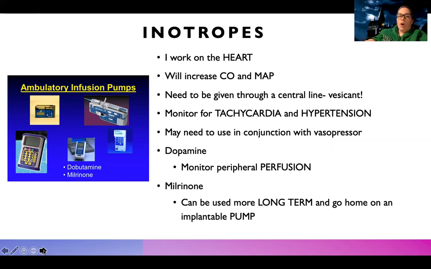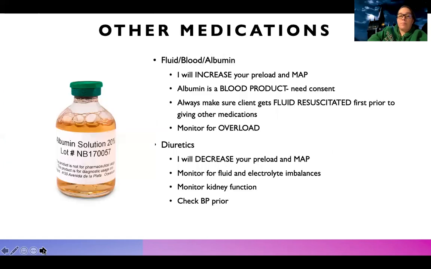Let's say I'm waiting for a heart transplant and I need a positive inotrope to help with contractility until I can get a heart transplant. Milrinone can be given through a pump, kind of like an insulin pump at home, so they don't have to constantly be in the hospital on this medication to sustain them.